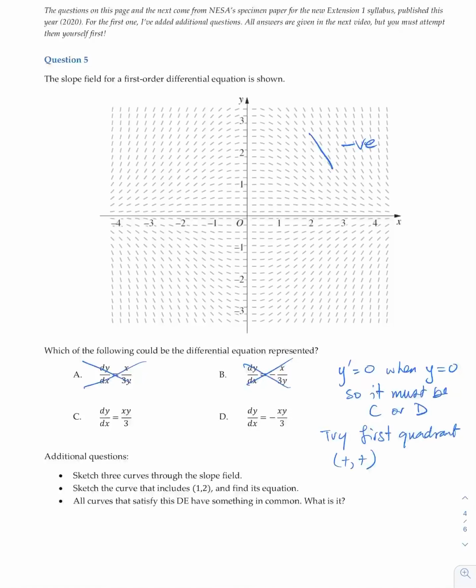So the only one that works is D, because positive over 3 is positive, and then you've got the negative. So the answer is D. Now, you could think about it differently, or you could try 2, 1. That's 2 times 1 over negative 2/3. There's a gradient of negative 2/3, whereas this would give a gradient of positive 2/3. Sure, you could answer this other ways, but that's how I do it.